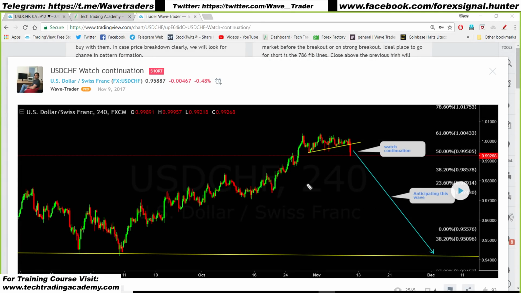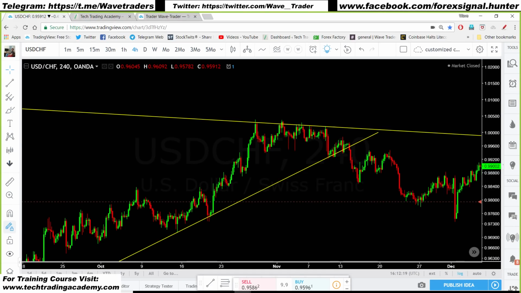At least you need to see something like that price action, then a correction, and then there is going to be a sell to the downside. The chart I'm showing you shows the sell from this area.